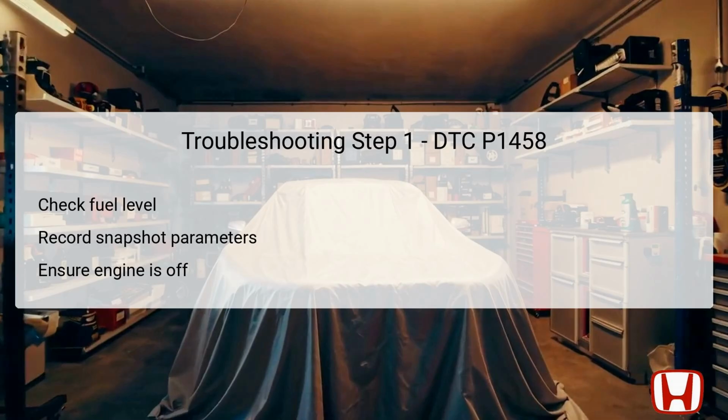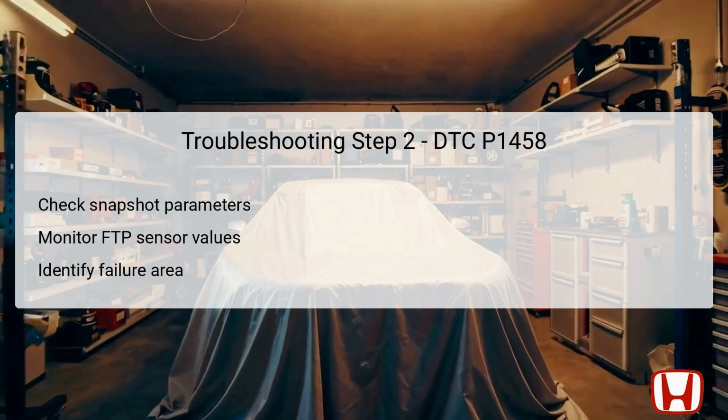It is crucial to establish whether the current fuel level is lower than the recorded value on the snapshot. If it is, you should proceed to the next step. If not, drain enough fuel to ensure that the level is lower than what was originally recorded. Note that inspecting the fuel level is essential for accurate readings from the FTP sensor during subsequent diagnostic steps.